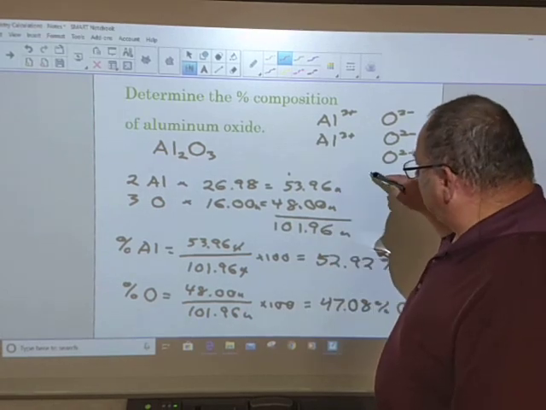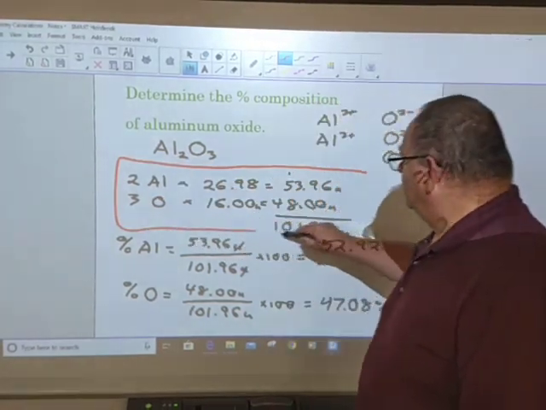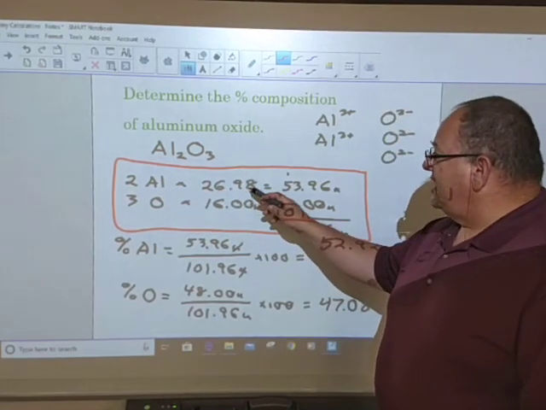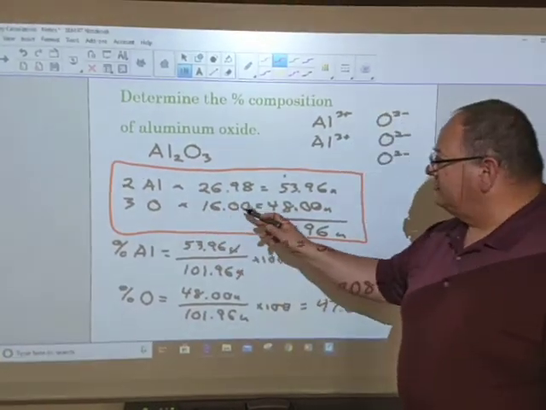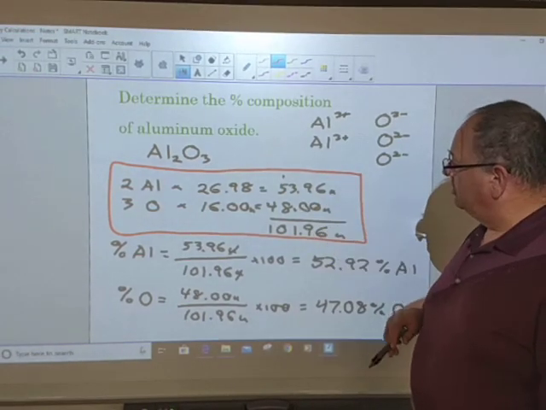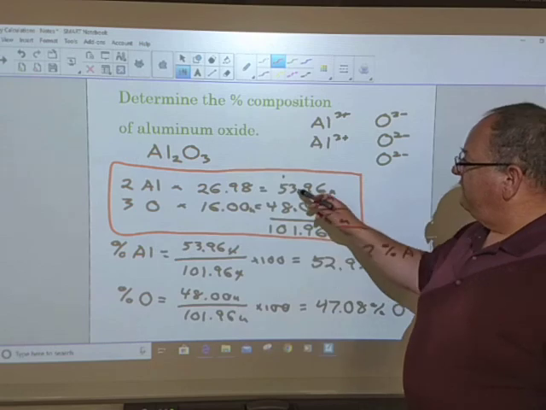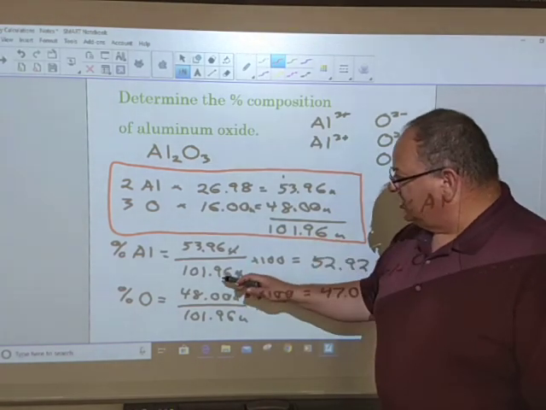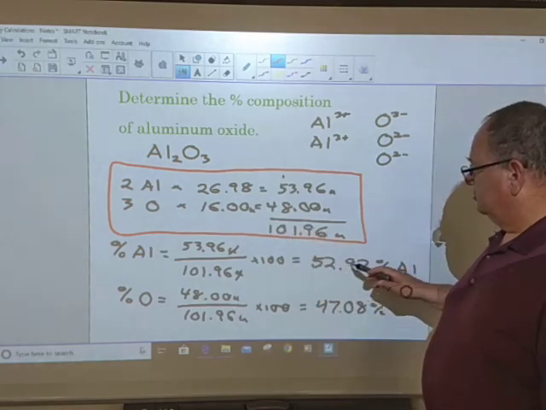So, what's this part? Formula mass. I've got 2 aluminum times the mass of aluminum. I got 3 oxygen times the mass of the oxygen. Here's my subtotals. And here's my total. Okay? So, 53.96 units of the 101.96 units are aluminum.